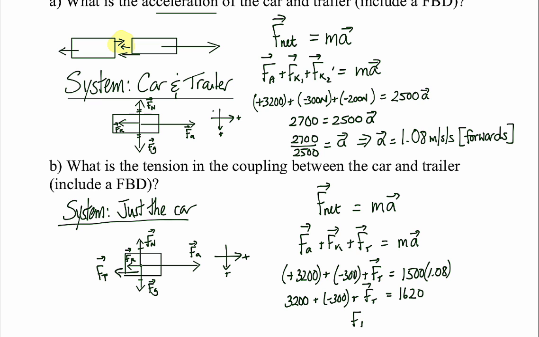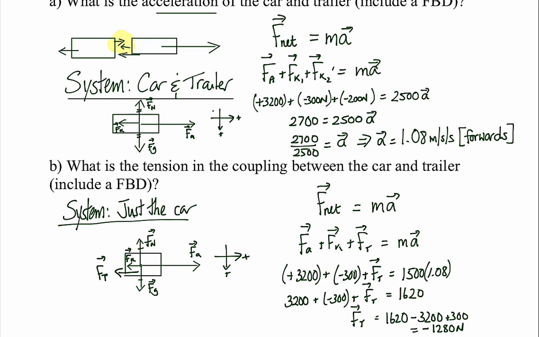So the tension force is 1620 minus 3200 plus 300, and so what does that come to? 1620 minus 3200 is negative 1580, plus 300 is negative 1280 newtons.